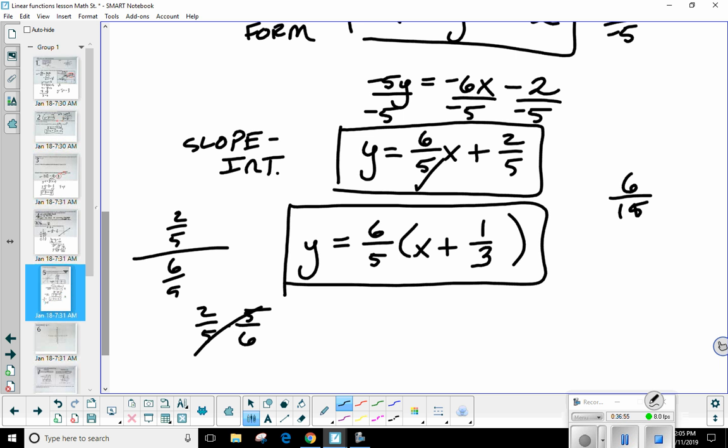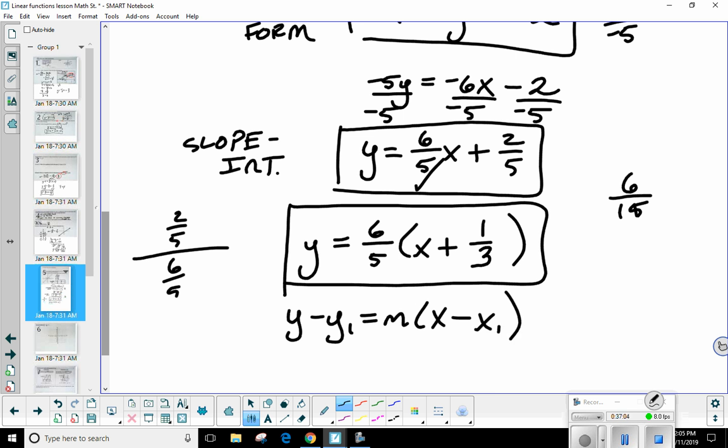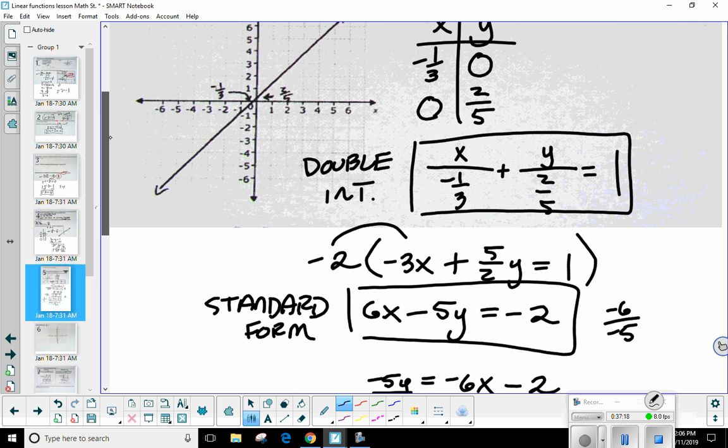Remember, think about the form that it uses. We have y minus y1 is equal to m times x minus x1. Oh, 0, -1/3? -1/3, 0. Well, you remember way back when we first started this problem, what was the x-intercept that we were given?